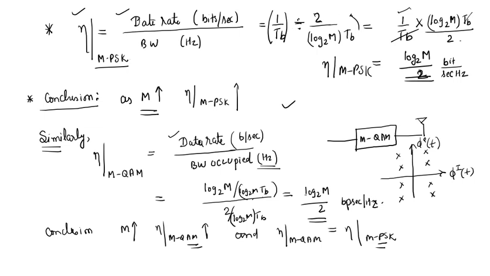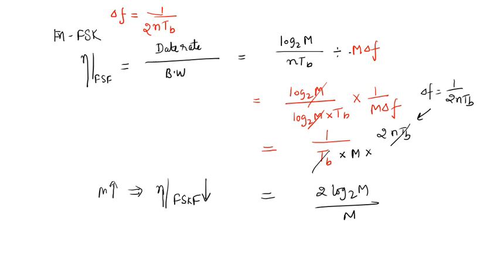Next, we'll see the bandwidth efficiency of the M-ary FSK scheme. Of course, as I told you, the data rate for all the M-ary schemes is the same: log2 M number of bits transmitted in log2 M Tb seconds, so bits per second, and this is divided per hertz by the bandwidth of the MFSK scheme, which we have studied in our previous class.